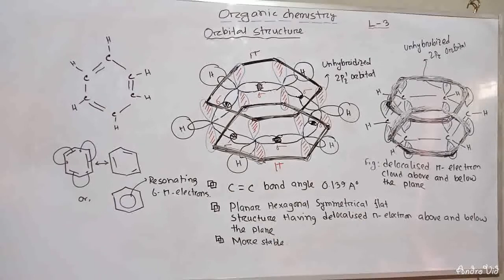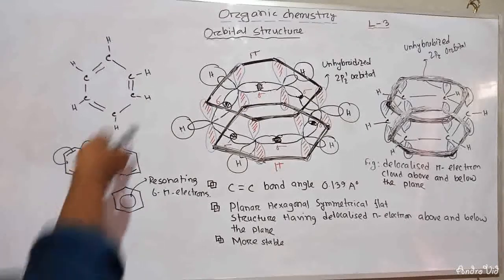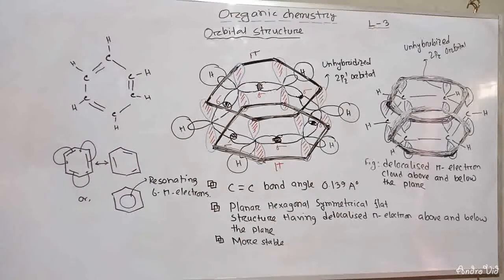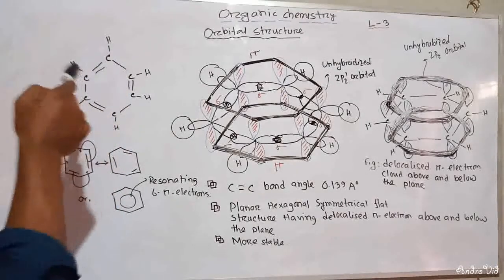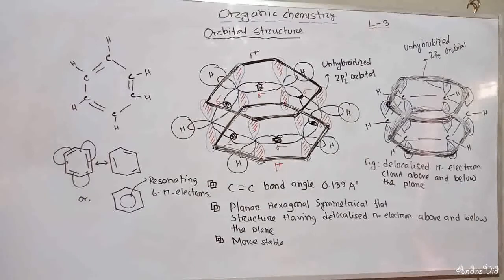But aliphatic unsaturated compounds do not have the capability to participate in substitution reactions. Benzene can undergo electrophilic substitution reactions: nitration, sulfonation, chlorination, halogenation. A number of electrophilic substitutions are possible in case of benzene, though unsaturation is present. At the same time it can also undergo addition reactions. Hydrogen addition is possible here, chlorine addition is possible here, ozone addition is possible here.